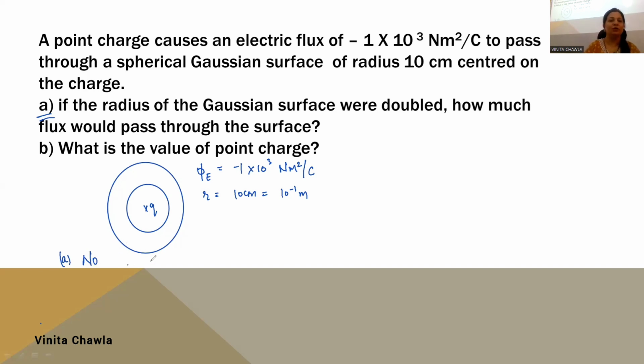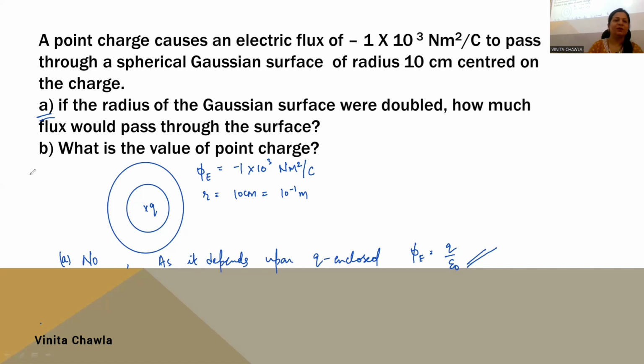It depends upon the charge enclosed only, because phi E is Q upon epsilon naught. So if the radius of the Gaussian surface were doubled, there will be no change in the electric flux.